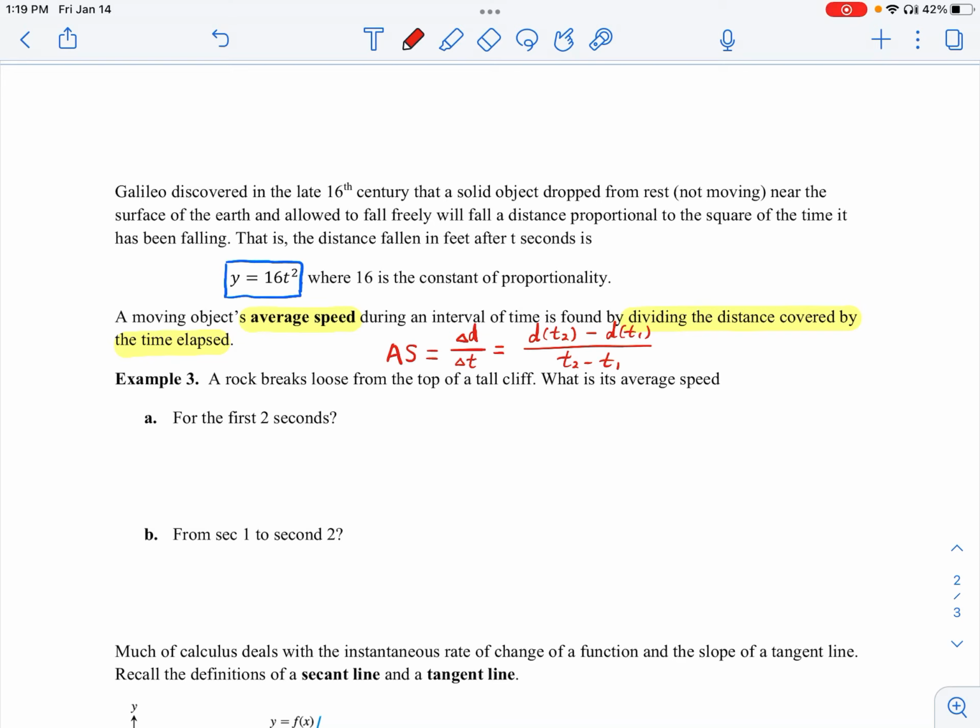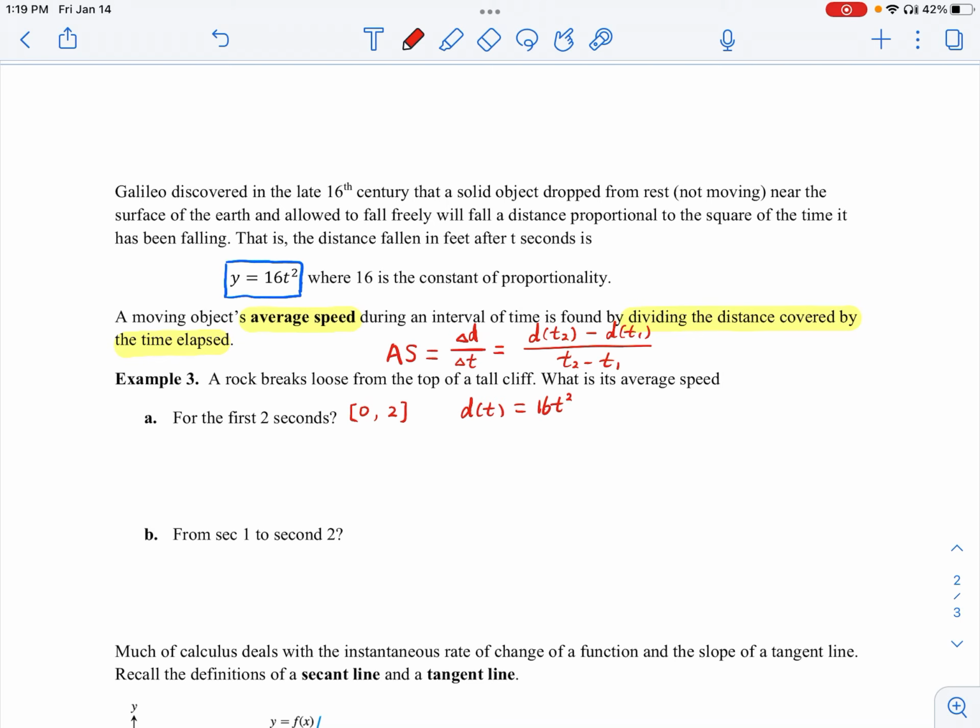Let's look at example 1. We want to find the average speed for the first 2 seconds. That means on the interval 0 to 2. The starting time is 0 and the end is at 2 seconds. We know the distance over time is defined as 16 t squared.